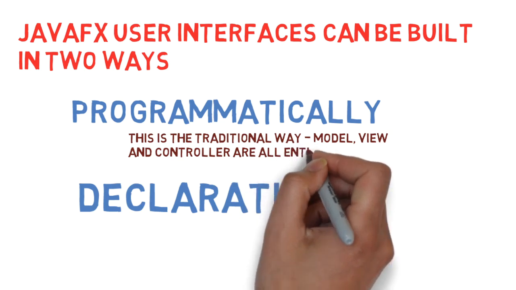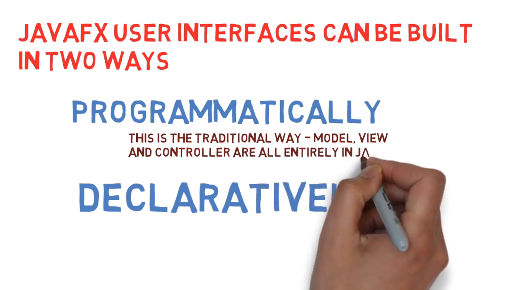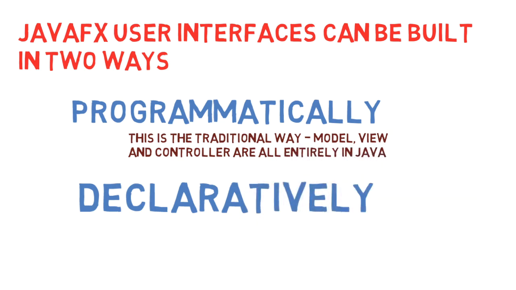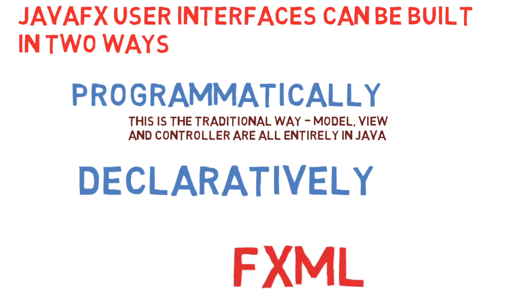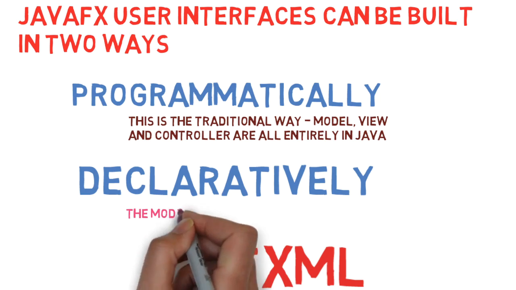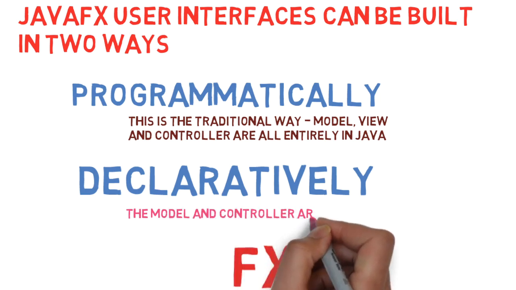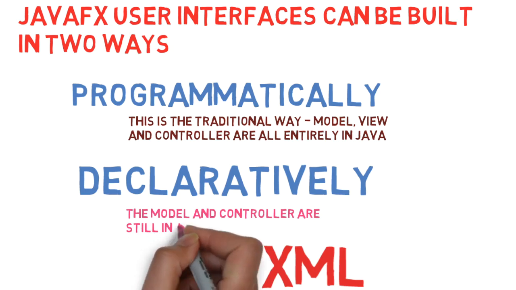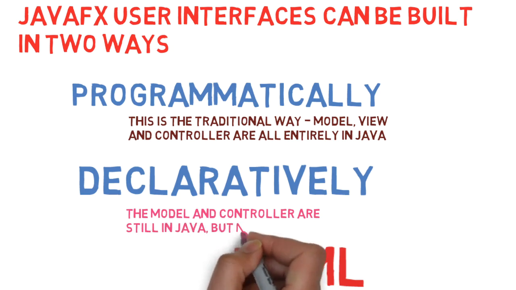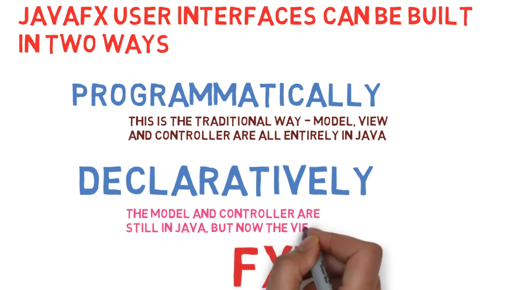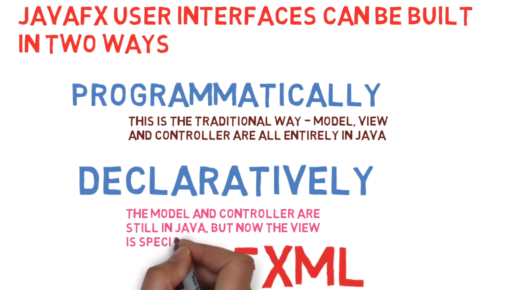All the UI components are specified in Java code. Declaratively uses FXML. The model and the controller continue to remain in Java because that's where the logic is, and logic should be in code, but the view, which is essentially a design, is specified in FXML.